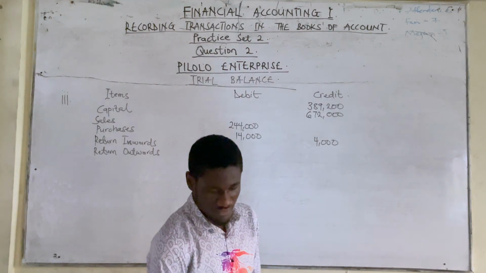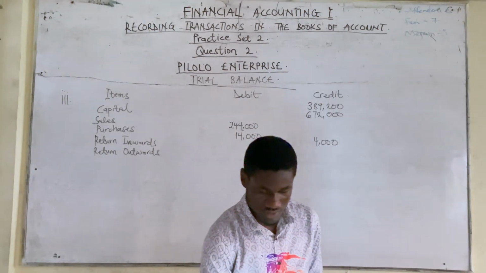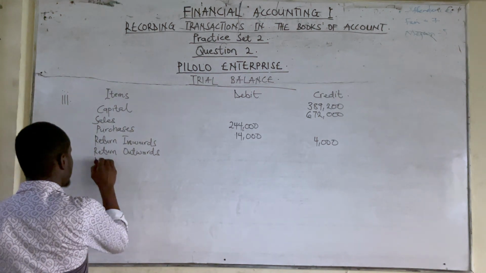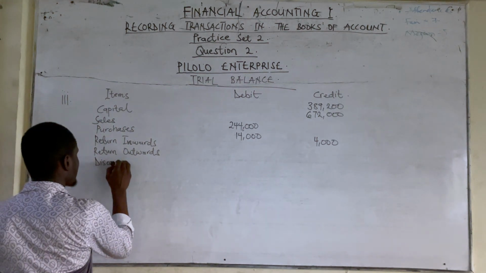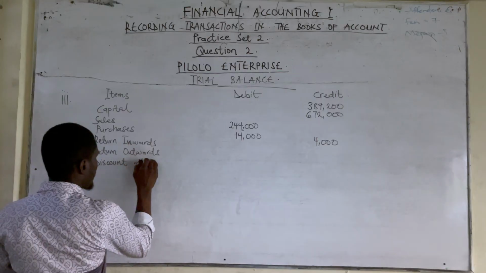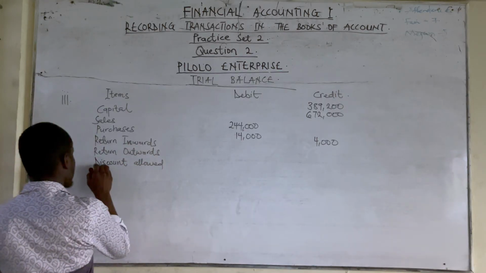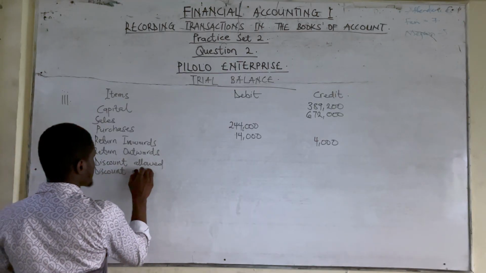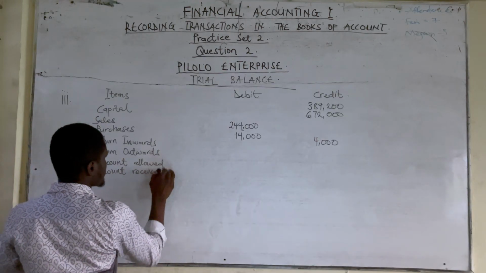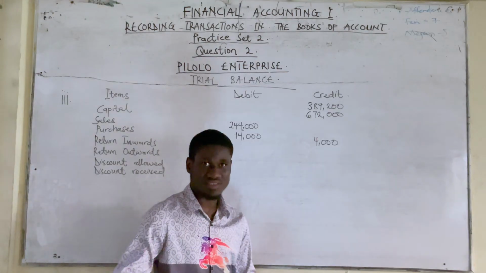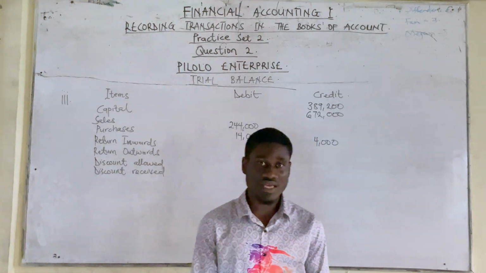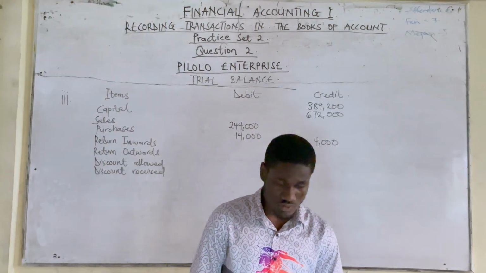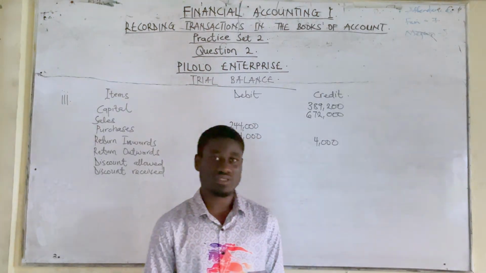Okay, so we move on to the discount allowed and discount received. Good. So with the discount allowed, after drawing the discount allowed account, we saw that the balance BD was on the debit side.